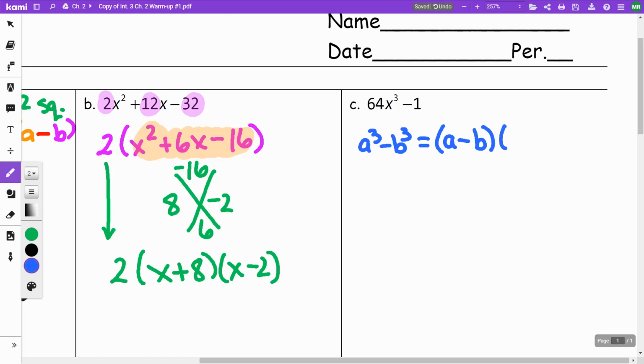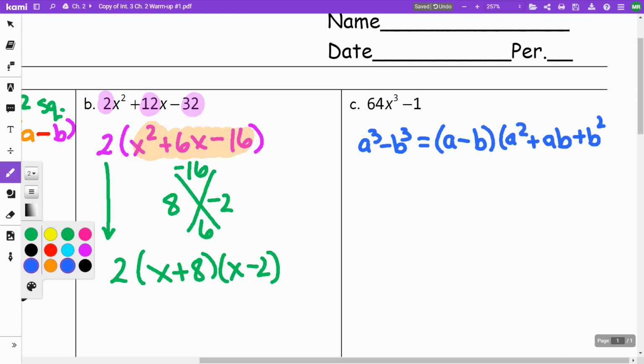Then you're going to look at this a and you're going to square it. You're going to change the sign. Since this was a minus, this is always going to be the opposite, so it's a plus. Multiply these two terms together, this a and b, and then you're going to square a negative b, which is going to be b squared, and that is going to be the answer.